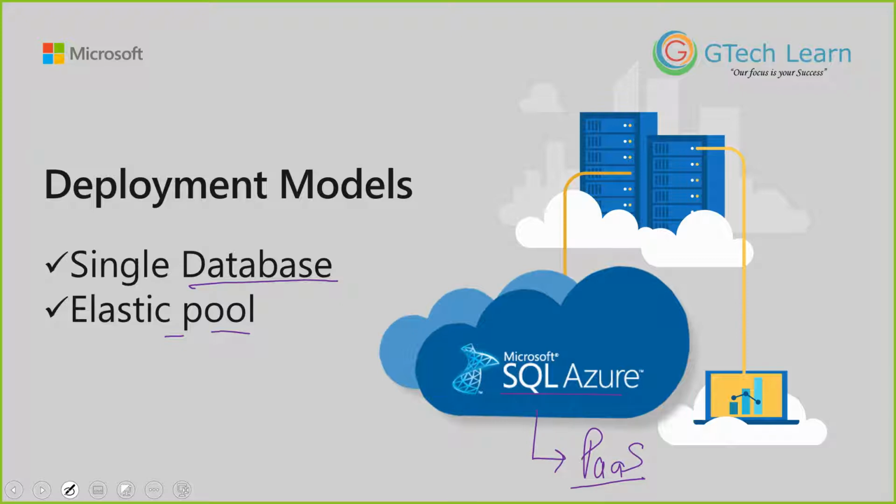That's a fine balance between performance and cost that can reduce cost drastically if I'm ready to share those resources among different databases. And depending on your business use cases, you might want to choose an appropriate deployment model. So these were a brief overview of the Microsoft Azure SQL service and some of the deployment models.